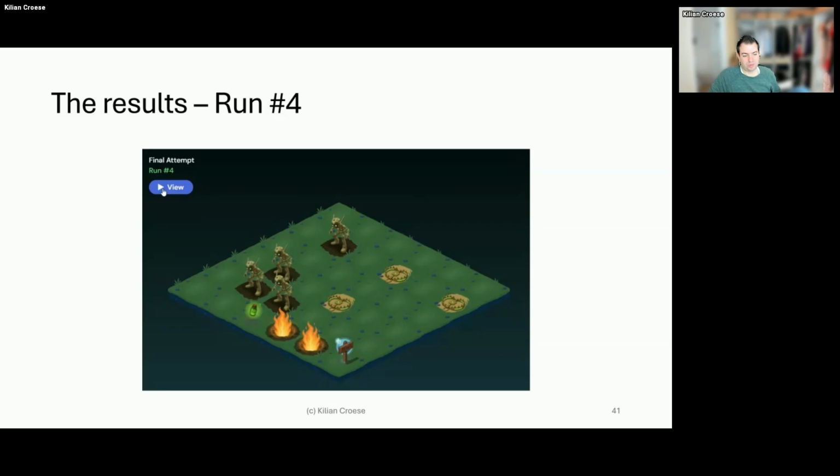Then we have number 4. It just starts exploring. It gets a little bit lost. It never really gets to the goal. I think this point that we just saw over here is interesting, where basically I think it could have made both moves.